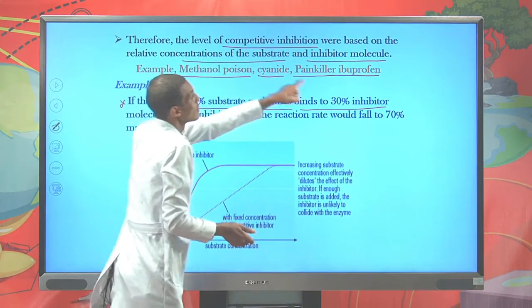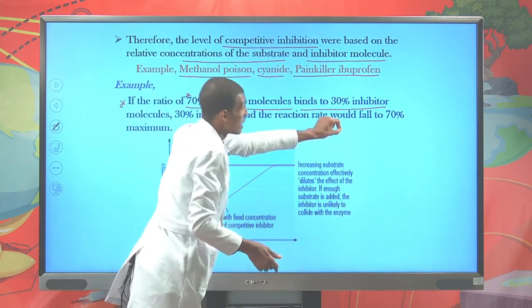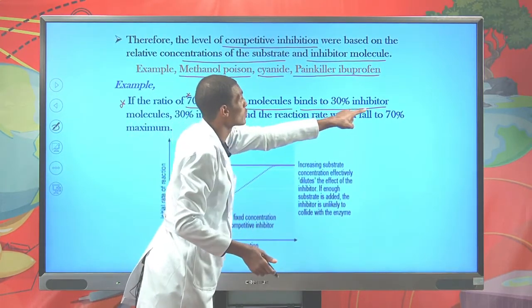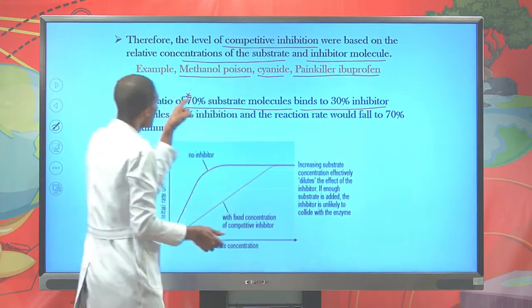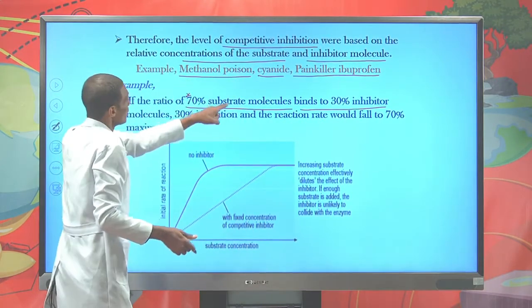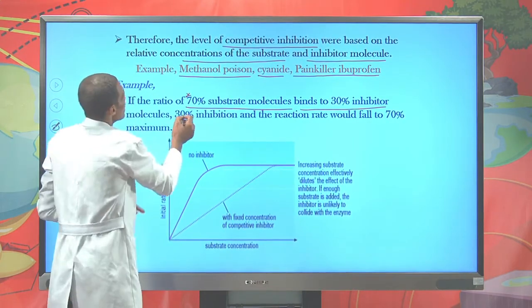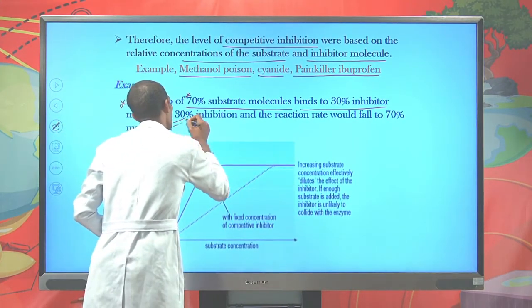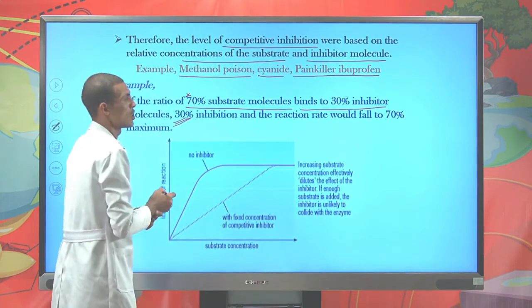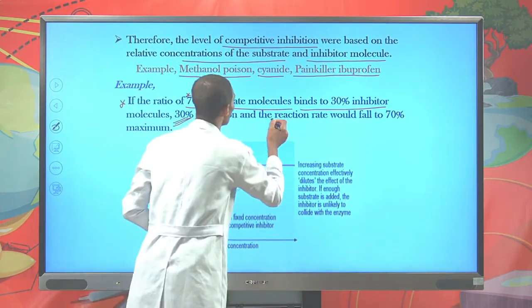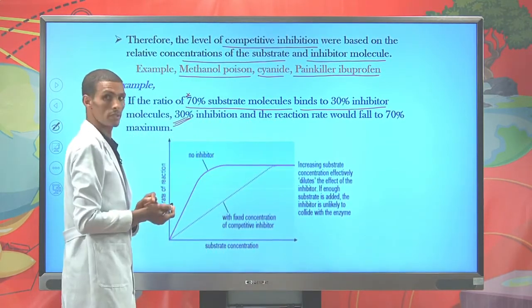So, 30 parts of the reaction are not occupied because inhibitors are found here, and again 70 parts of this are not occupied by an inhibitor. So 30% of the rate of the reaction is inhibited here, whereas 70% of the reaction is left.